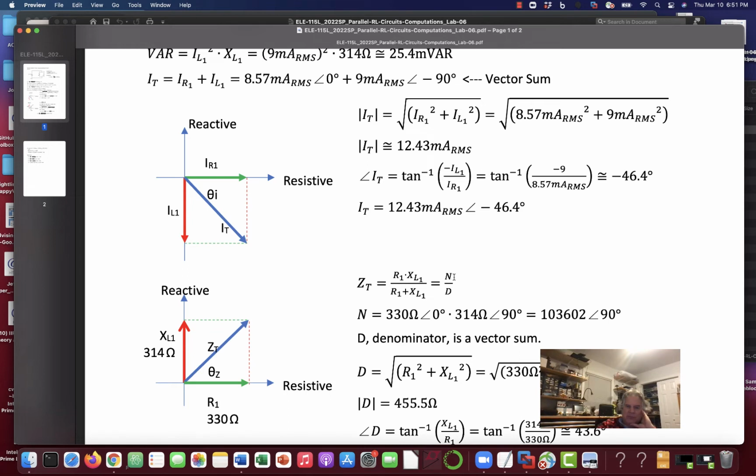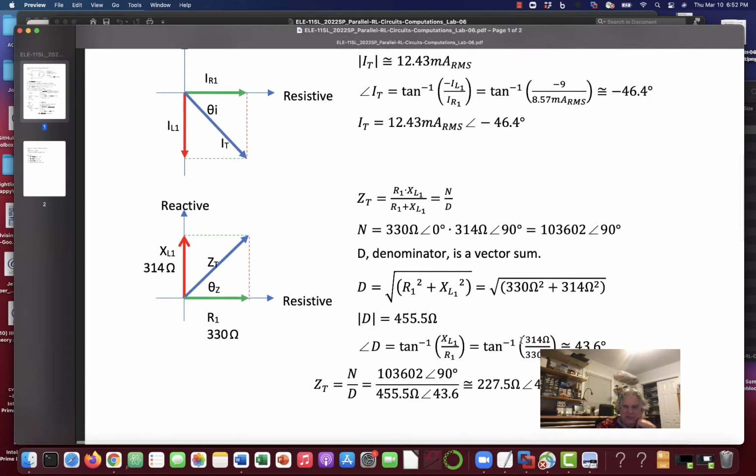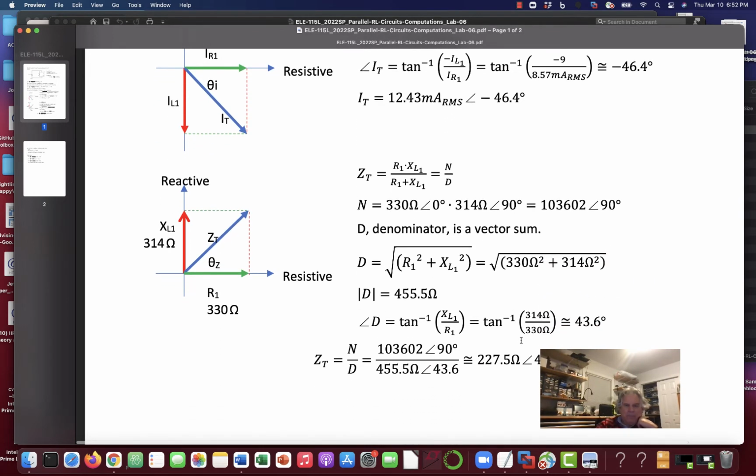I'm calling one of these a numerator and the other a denominator. The numerator is going to be 330 ohms, R1, times XL, 314 ohms at 90 degrees. And so their product is going to be 103,602 at 90 degrees.